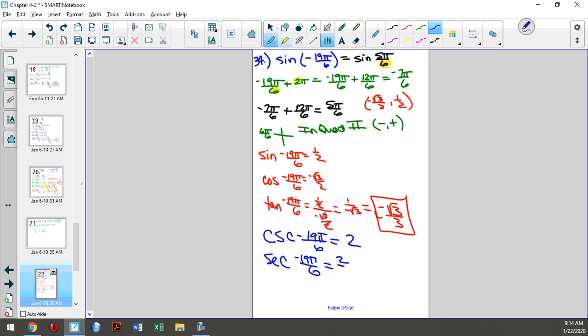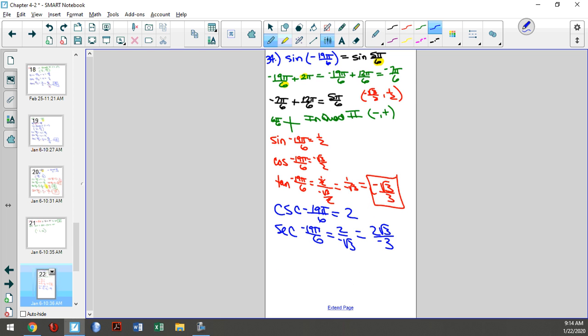That's going to be 2 over negative square root of 3. Do I like that? No, so I need to rationalize that. So that's going to be 2 square root of 3 over -3. And then cotangent is simply taking the reciprocal, or taking the non-rationalized answer, which is simply going to be negative square root of 3. So I found all 6 of my trig functions for that.